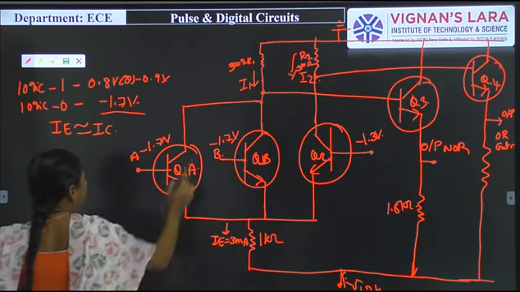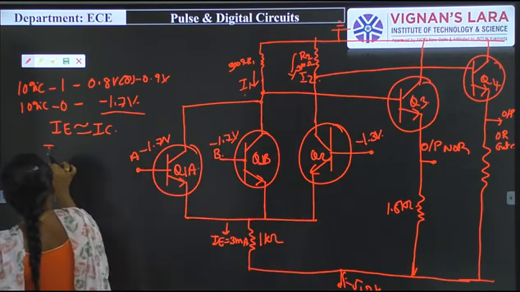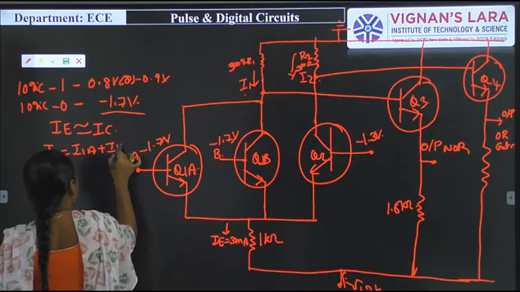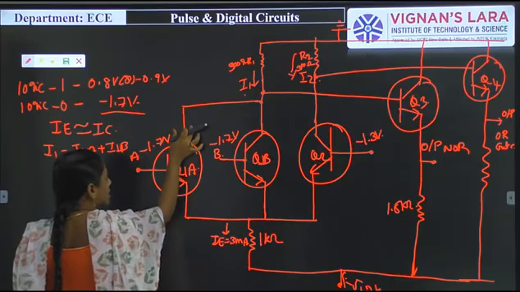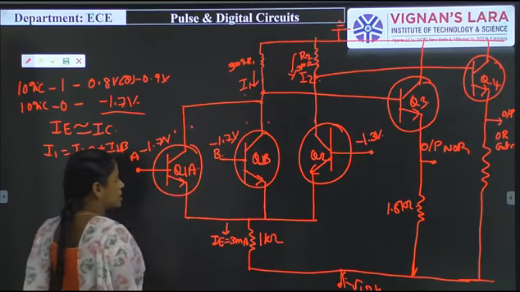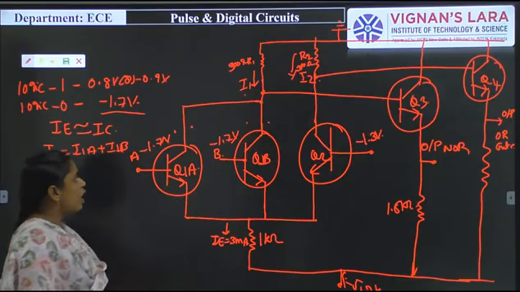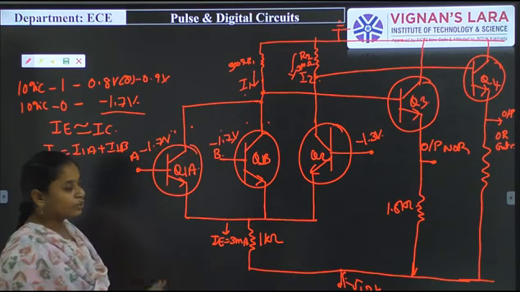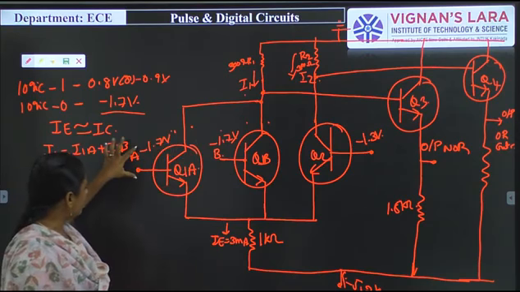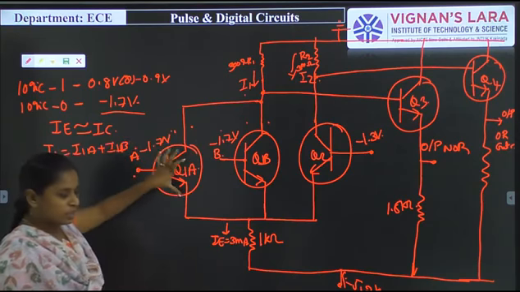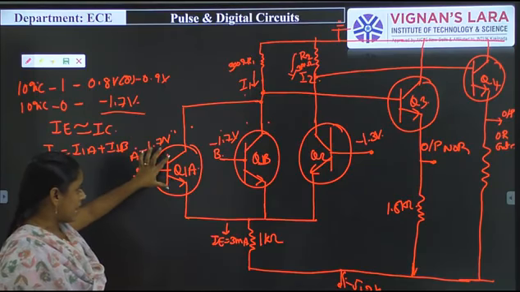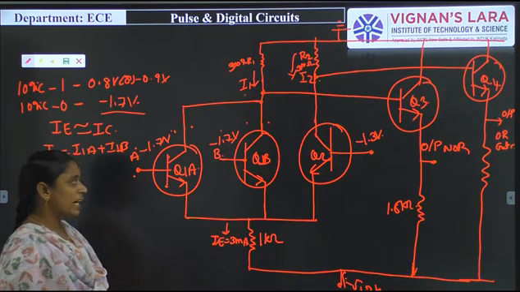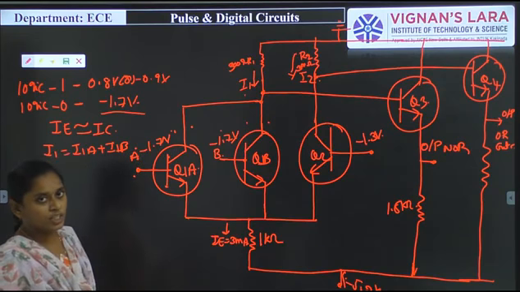I1 is a combination of I1A and I1B, because it is the combination of these two collector currents. So when we give the input signal 0, 0, transistor Q1A is off, Q1B is also off, but transistor Q2 is on.